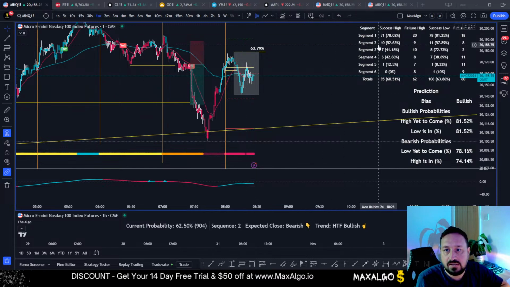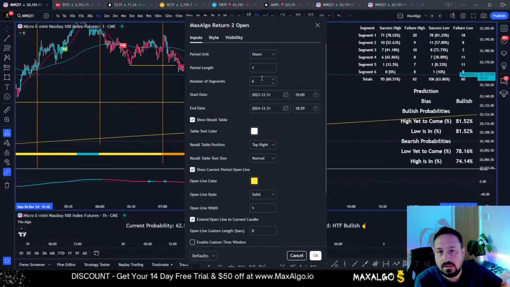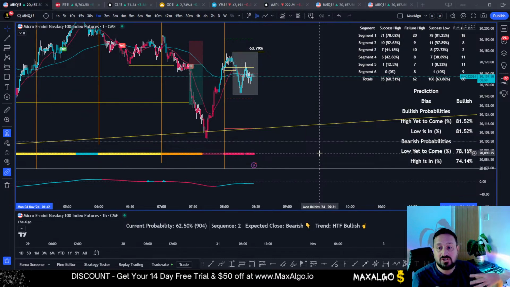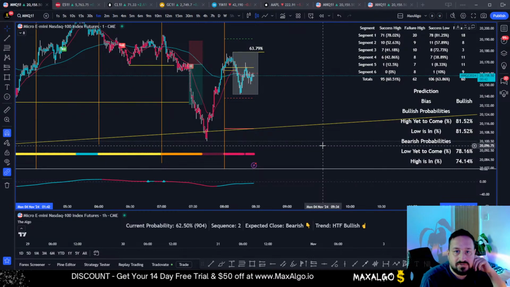Let me just double check. Yeah, 1 hour. So you can then see, if we've got a sequence 1 of a strong bullish trend in a higher time frame bullish, then we are expecting that type of price action. We're expecting it to just keep going. So long term, the algo will capture the statistics around that type of price action. It shows different stats for you.